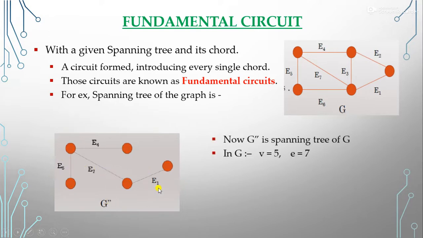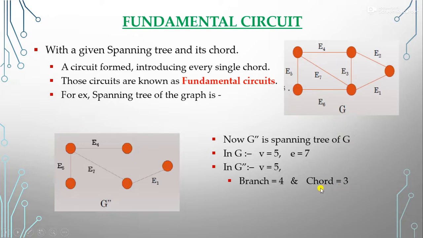In this graph, how many vertices are there? 5, and edges total 7, and in this spanning tree we have 5 vertices. Now what are the branches and chords here? Branches are the edges of the spanning tree, and how many edges does the spanning tree have here? 4. So branches are 4. Now chords are the remaining edges of the given graph G. So that is 3, right?